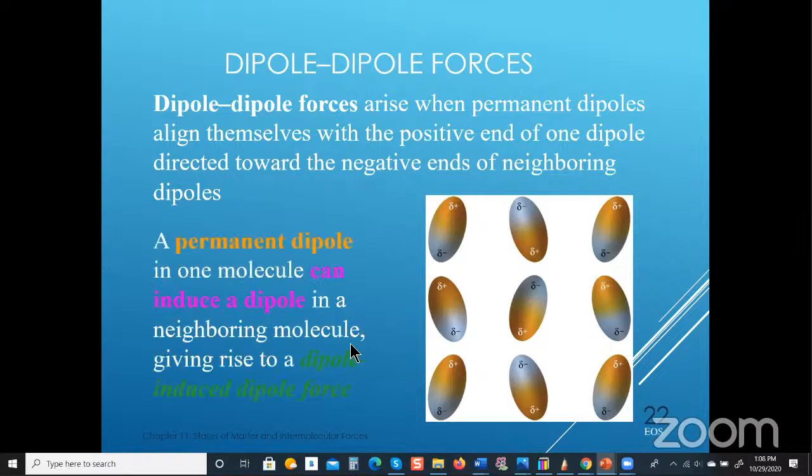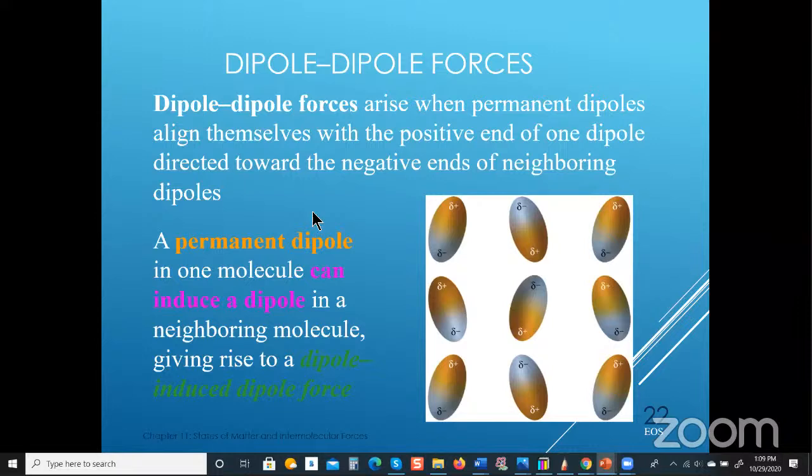And because these dipoles are permanent, these forces are stronger, right? So the forces that exist between polar molecules will be stronger compared to the forces that exist between nonpolar molecules.